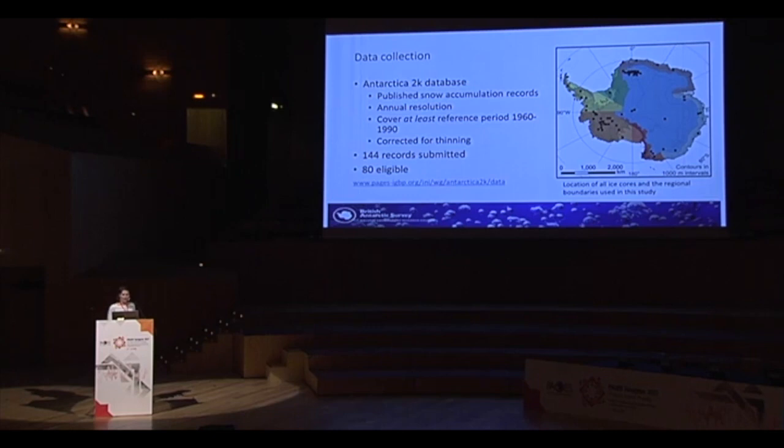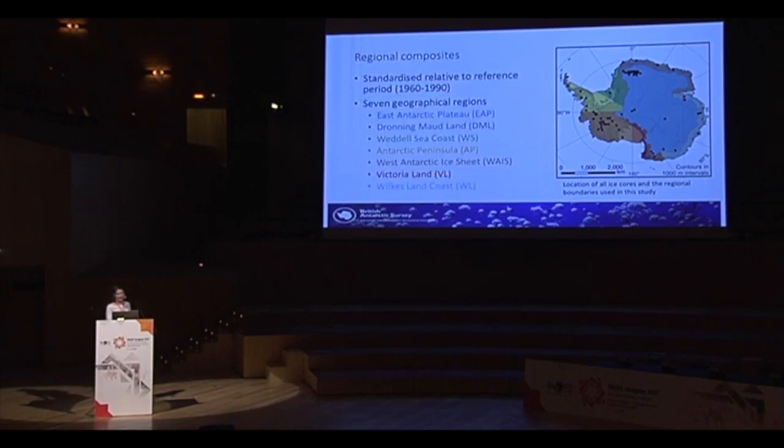Based on all the records that are available, 144 of these snow accumulation records for Antarctica were submitted, but of these only 80 were actually eligible, which meant they met the criteria we wanted. The map looks just the same as you saw for the previous talk, but essentially we wanted to divide up the snow accumulation and look at regional changes.